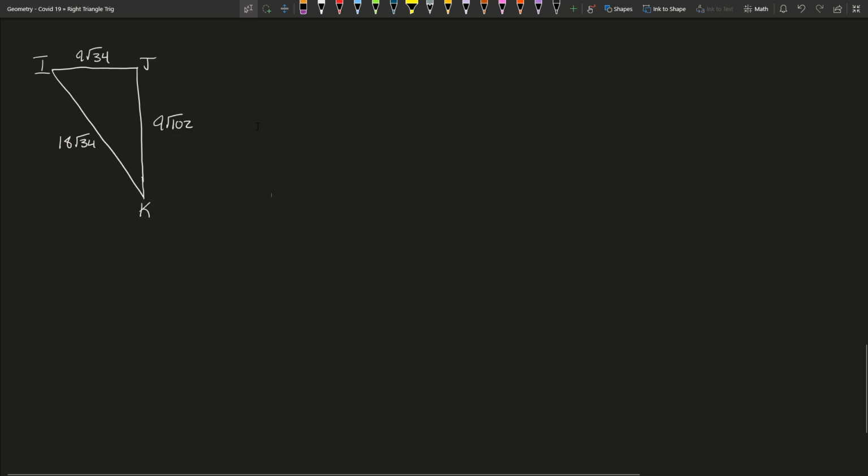All right. So this question says to find the cosine of I, which our job is actually made a little bit easier because we have all the sides. First thing we should do is just label what side is what. Because we're dealing with this angle, and this is our right angle, first, we know that this is our hypotenuse.